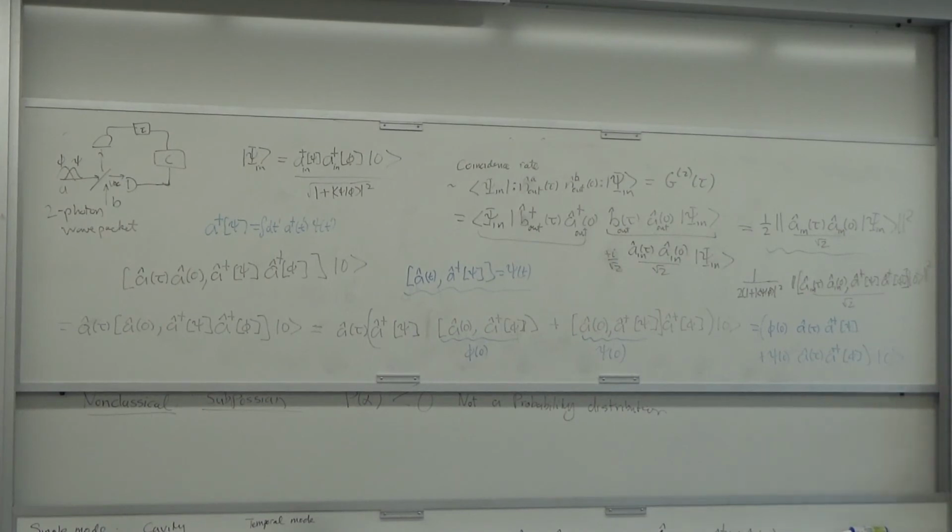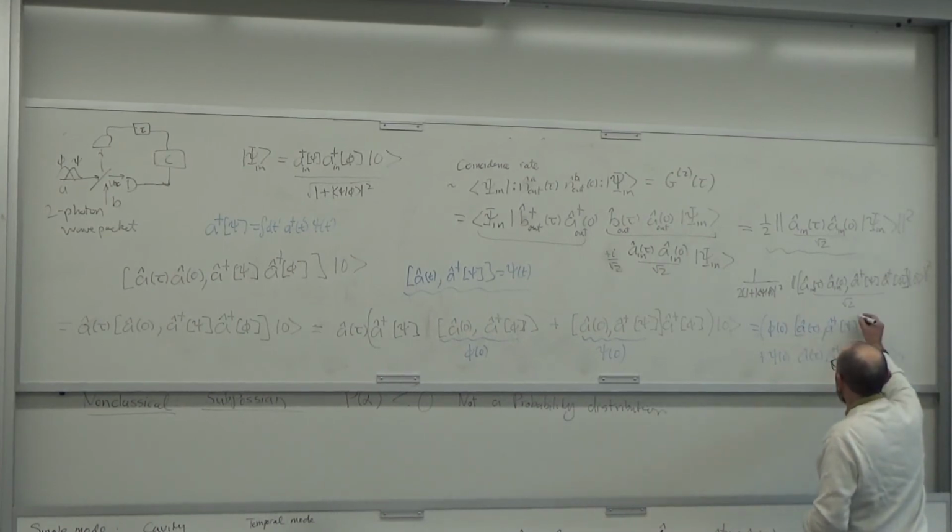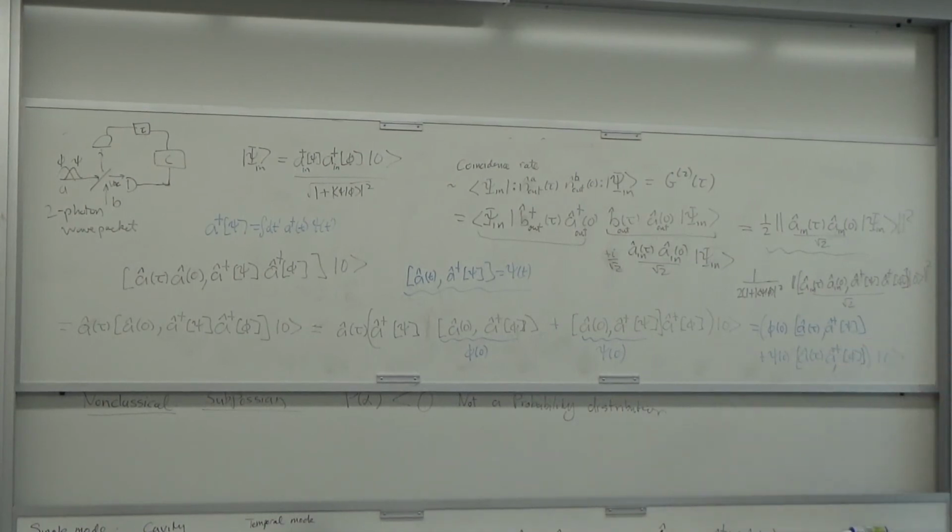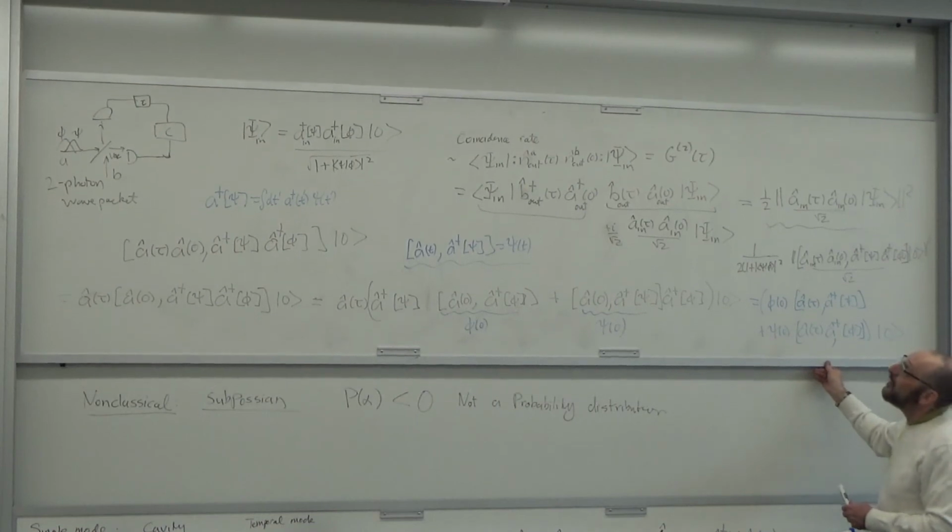How am I going to evaluate that? Again, I use the commutator. Replace this by its commutator. You get psi of tau and phi of tau. Exactly. And that becomes psi of tau, and this becomes phi of tau. Oh, this is so beautiful. I love this so much.